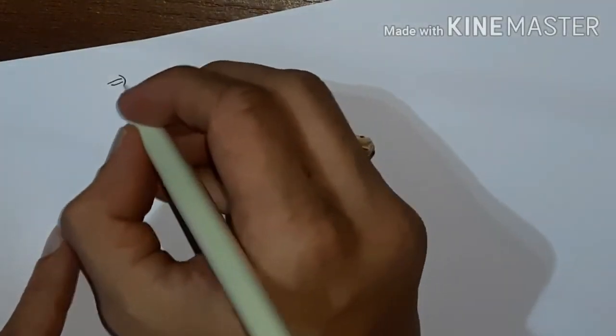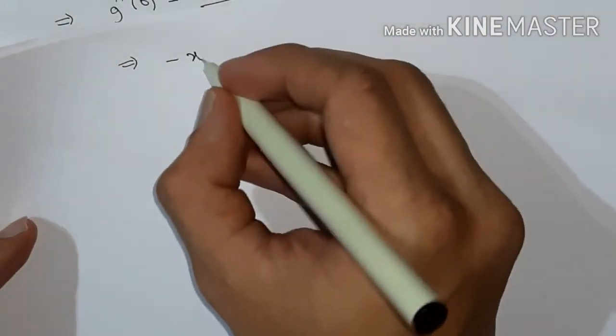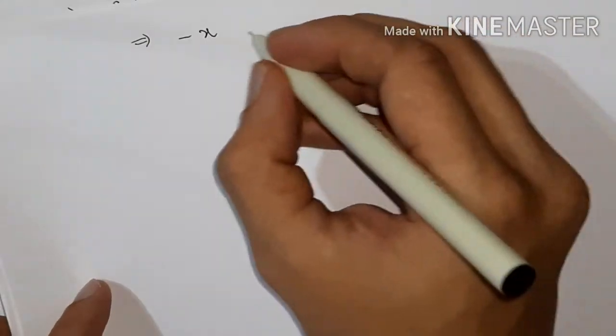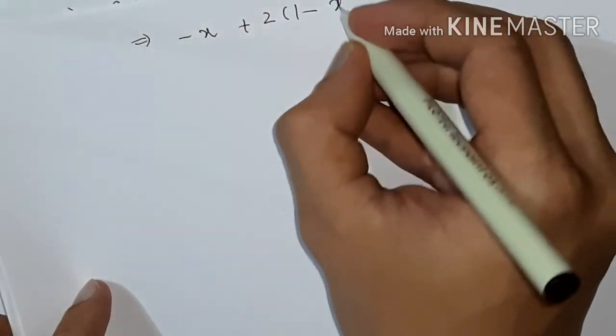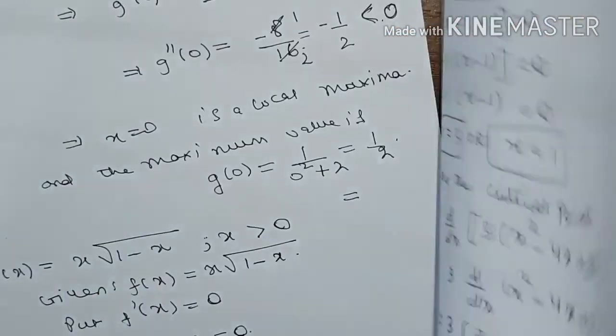Okay, so that is what? Let us see what is the value of x. Okay, so minus x, right, then plus 2 times 1 minus x equal to 0, right?